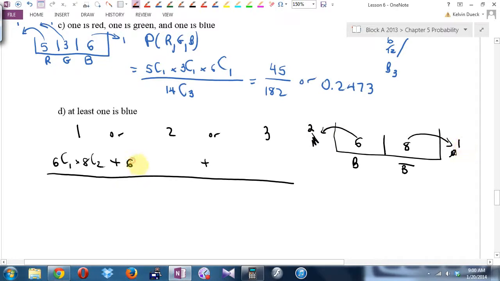So 6 choose 2 and 8 choose 1, or 3 and none. 6 choose 3 and 8 choose none. So there's 1 or 2 or 3 divided by what? 14 marbles, choose 3 of them.